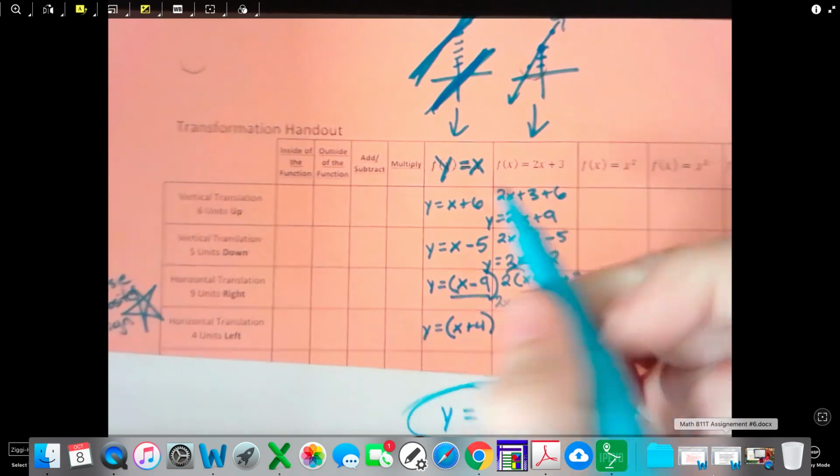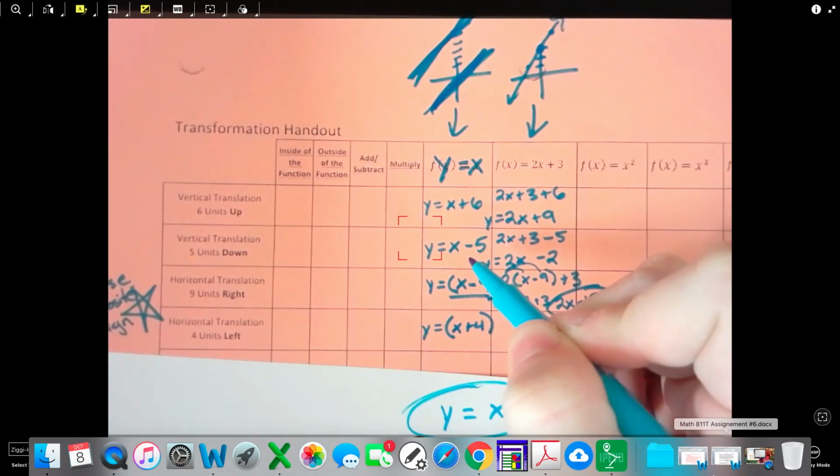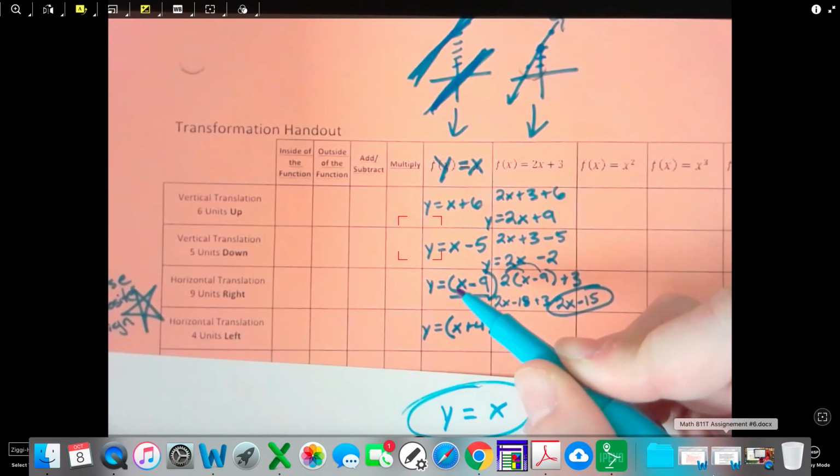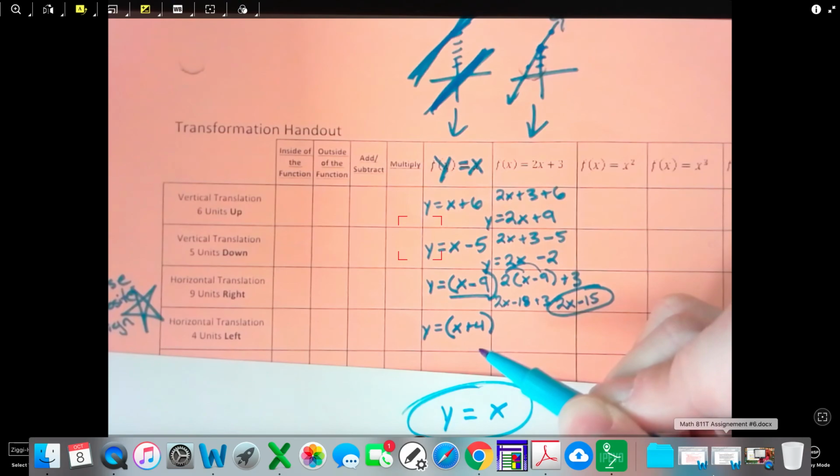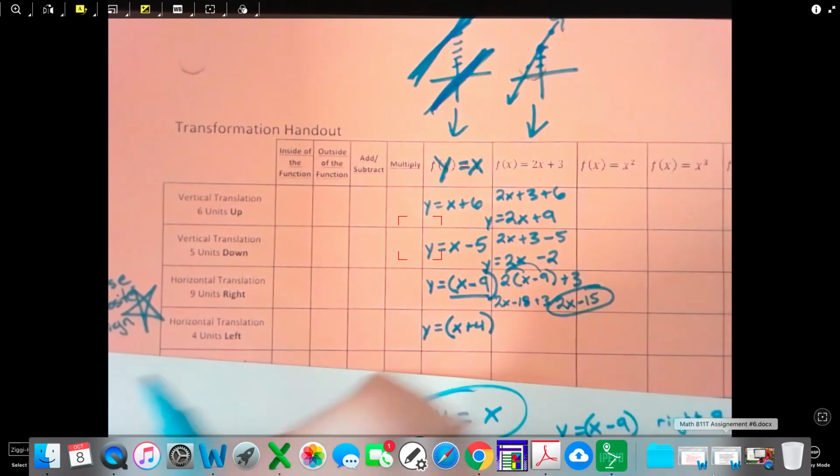When you were going up, you use positive. When you were going down, you use negative. But when you're inside parentheses, minus means right, plus means left. Does that make sense? You use the opposite sign for a horizontal translation. Minus means right, plus means left, okay?